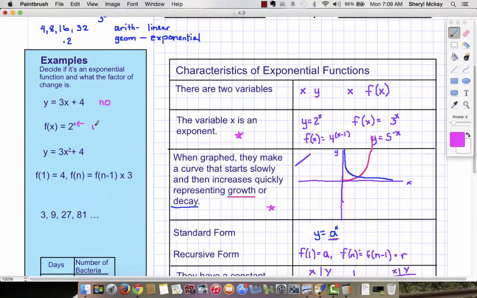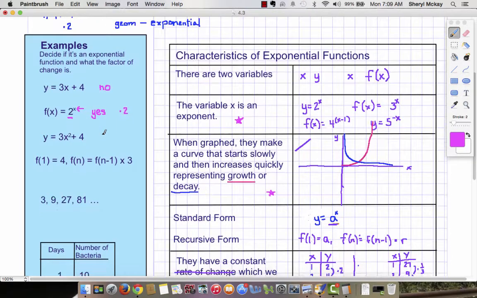So yes, it is an exponential function, and the change factor is 2, or times 2. We're going to multiply by 2 over and over and over again. Remember, I told you that this base ends up being our change factor.